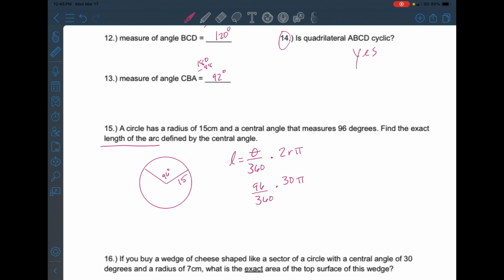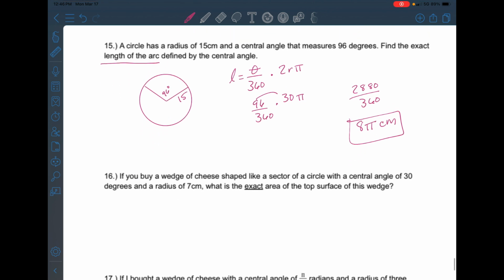So you would then multiply 96 times 30. That would equal 2,880 divided by 360. Let's see if that comes out to be a whole number. It does, so 8, and do not forget your pi. It's very important.